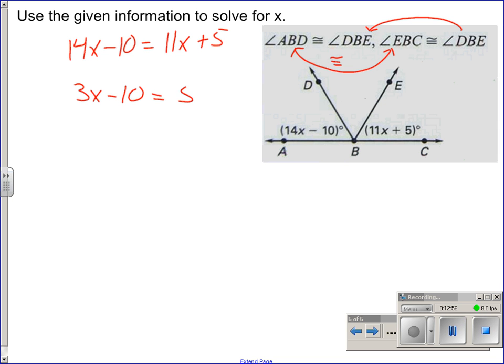We can do that, or this new statement is true because we subtracted the same thing from both sides, subtraction property of equality. Then I'm going to get this statement. I just added 10 to both sides. We can do that because that's the addition property of equality. And then we get to our answer statement, which is this. All we did was divide by 3 on both sides. That's the division property of equality.